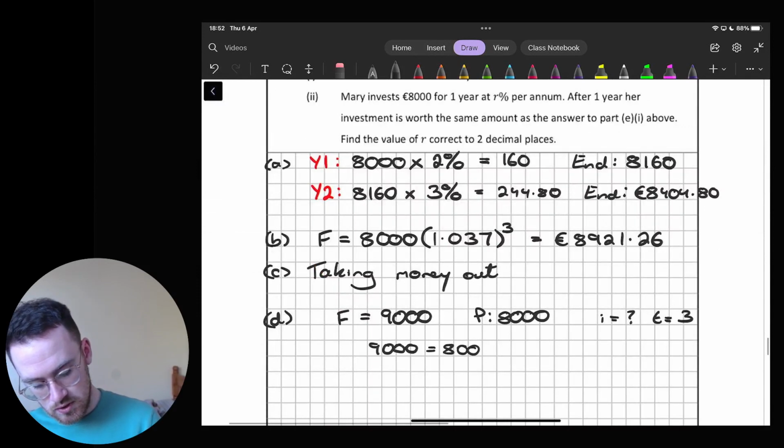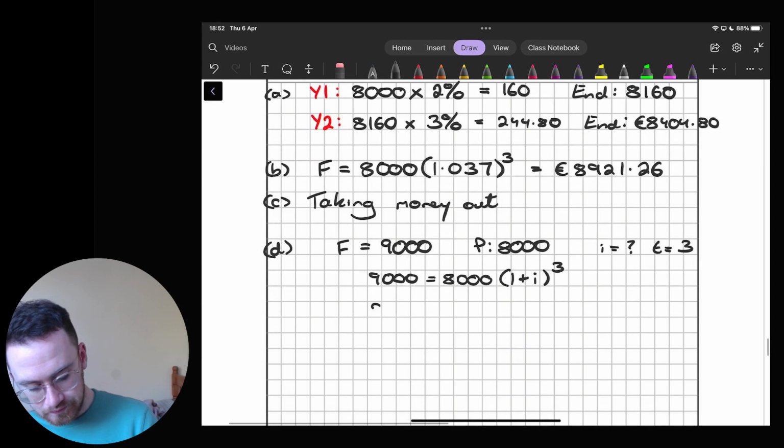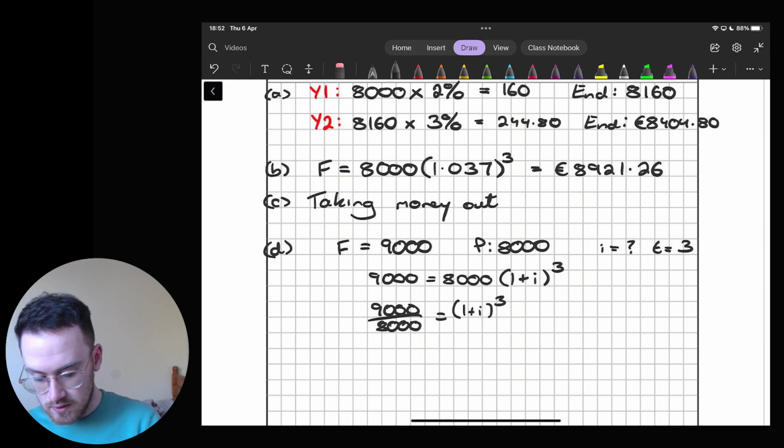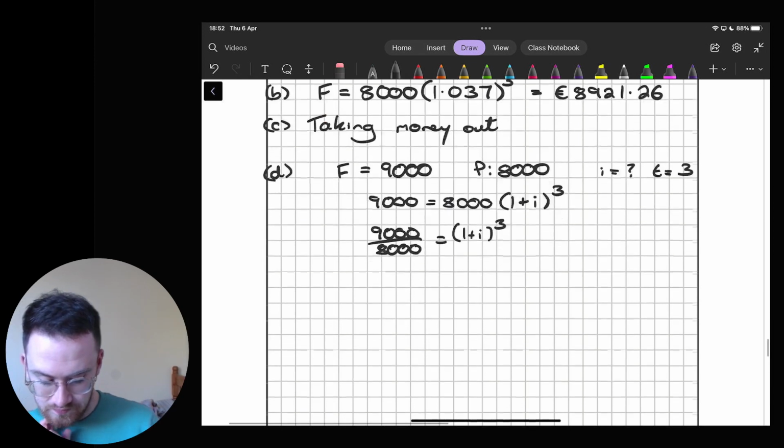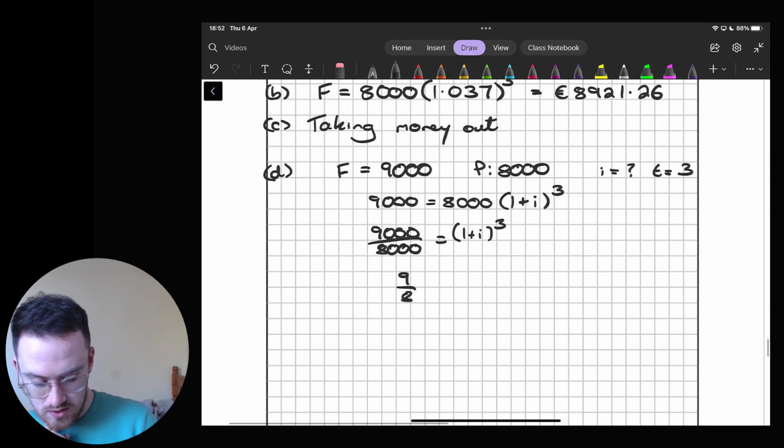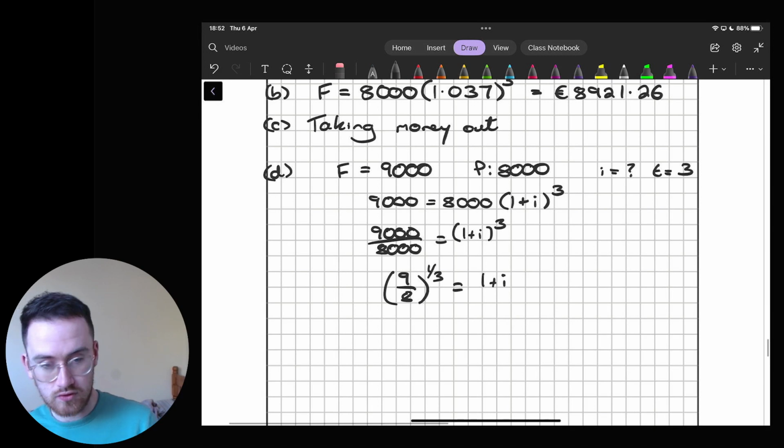We know what F is, we know what P is. We don't know what I is, and we know that this is 3. So continuing, 9,000 divided by 8,000 is 1 plus I to the power of 3. Okay, so 9 over 8. And we can use the cubed root, or the same thing as doing to the power of 1 over 3.